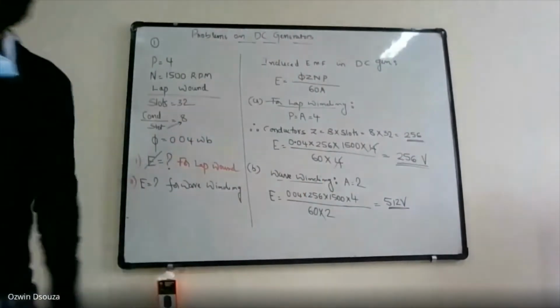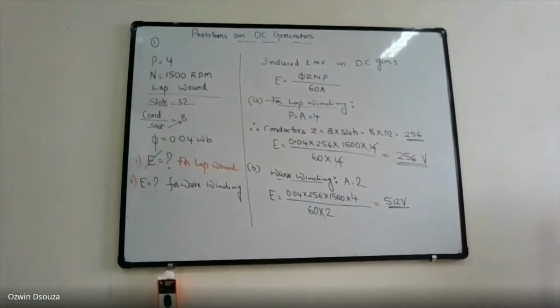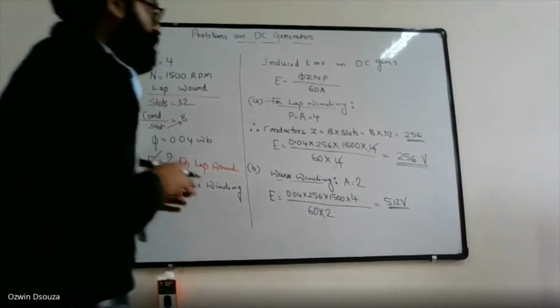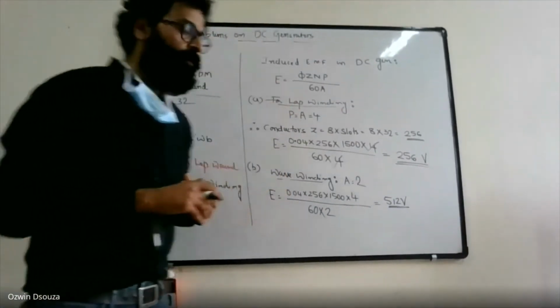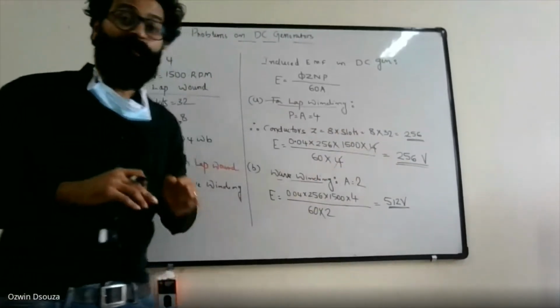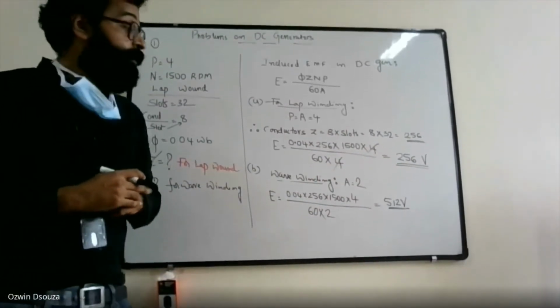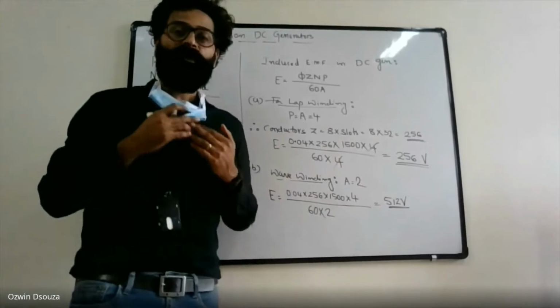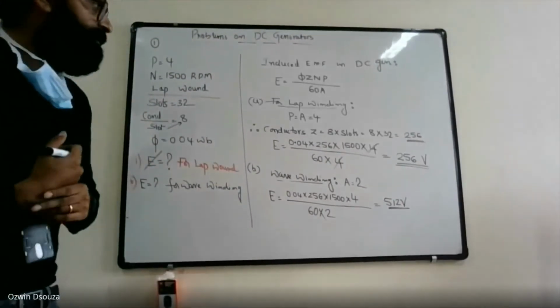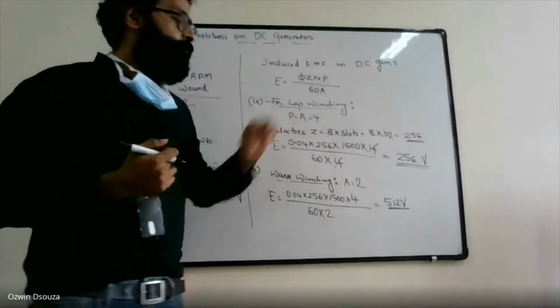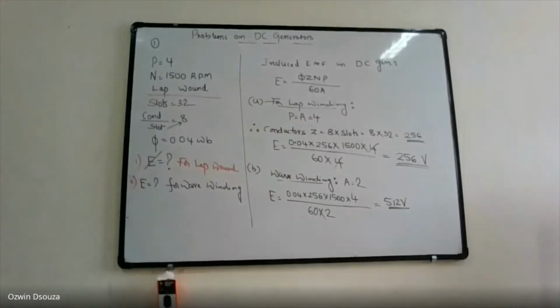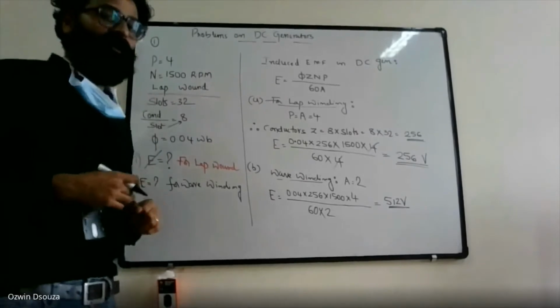This is what I was saying in the beginning. If you go for a lap wound machine, you will be able to generate lesser voltage, but you will be able to handle larger currents, right? That's because you have more parallel paths. So a larger current can be safely distributed into the parallel paths.